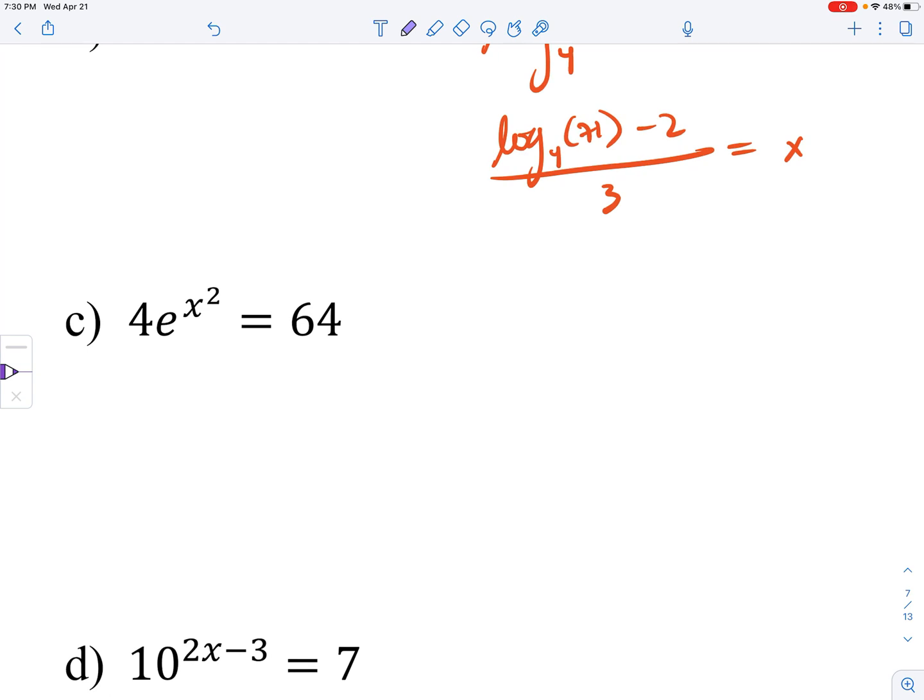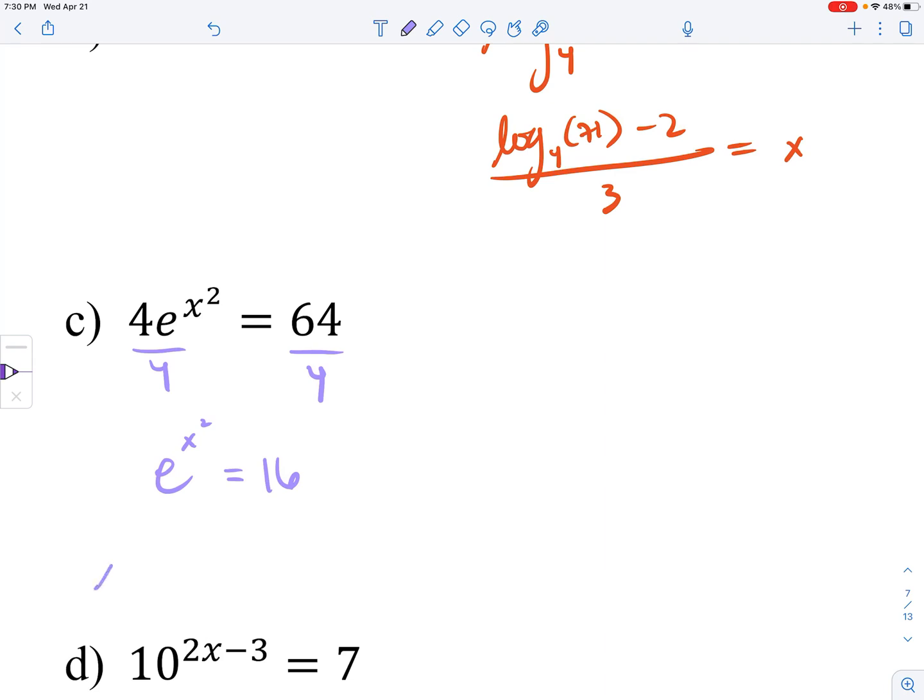And for c, we have 4e to the x squared equals 64. We actually have to divide by 4 before we can rewrite in logarithmic form. So we would have e to the x squared equals 64 divided by 4, which is 16.